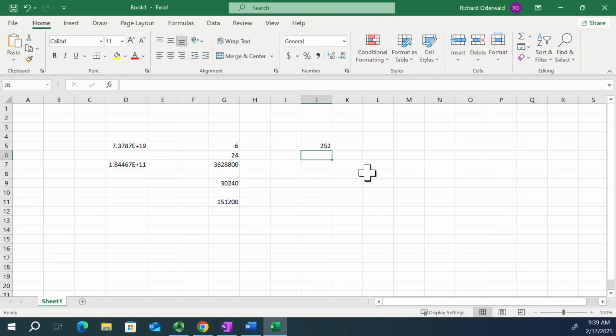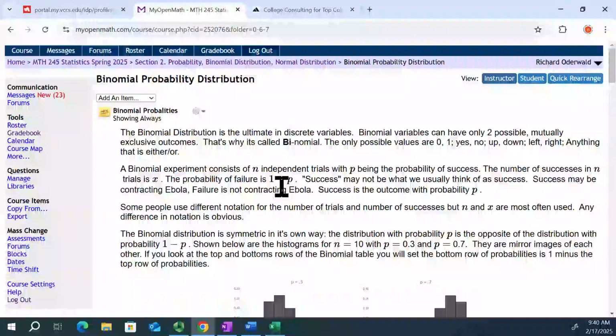All of this gets us to the binomial distribution. This is the only one we've got that is really discrete. Everything else is normal distribution, which can be any value, any fraction, any small part. Binomial is this or that.